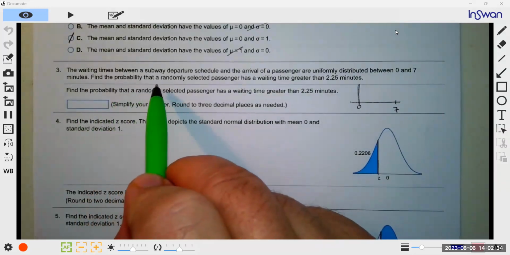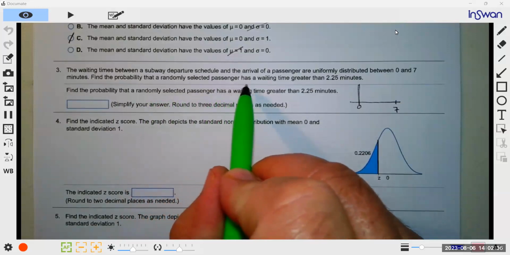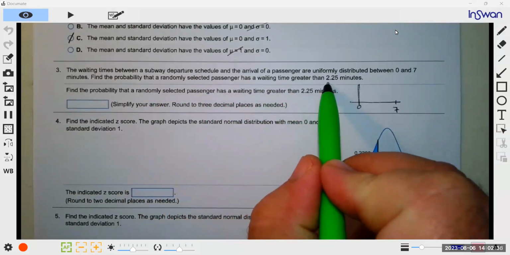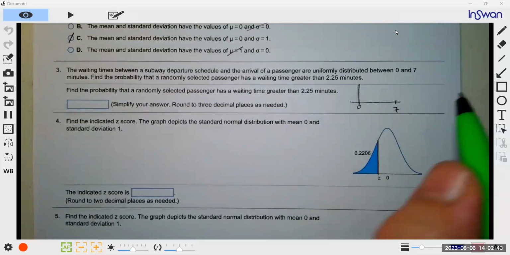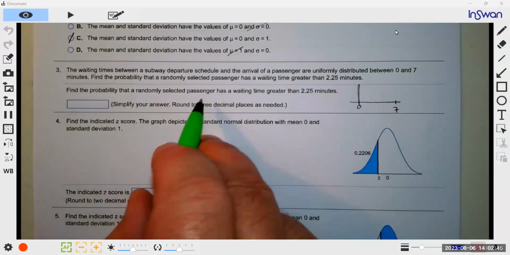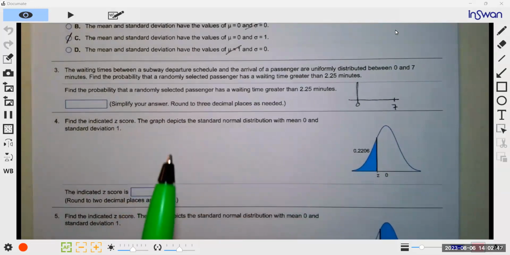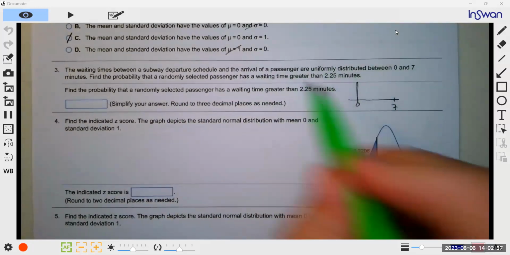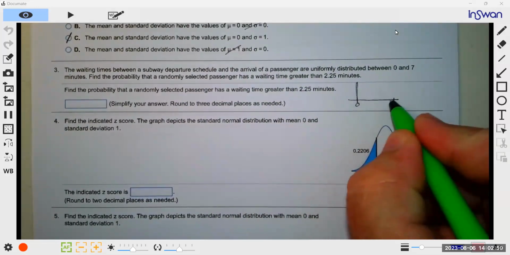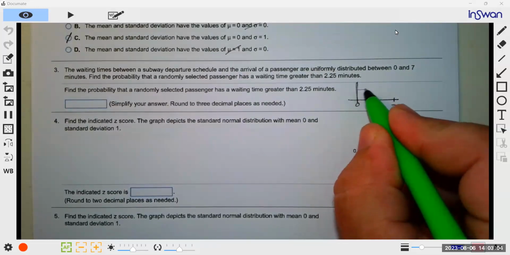Find the probability that a randomly selected passenger has a waiting time greater than 2.25 minutes. There's a difference between this one now. This is a uniformly distributed shape. Since we're given this information, we know it's between 0 and 7. It's rectangular in form.